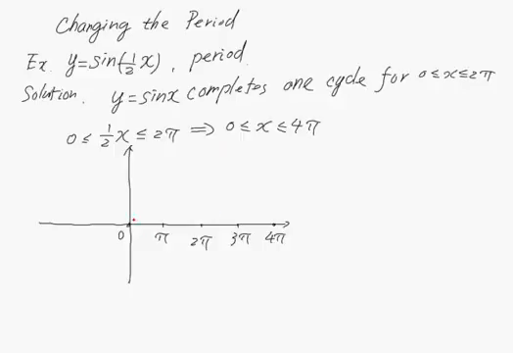So actually, one is about here, and then you have the graph like this. Okay, so this is the graph of sine of half x, and from this graph you can see the period is equal to 4 pi.